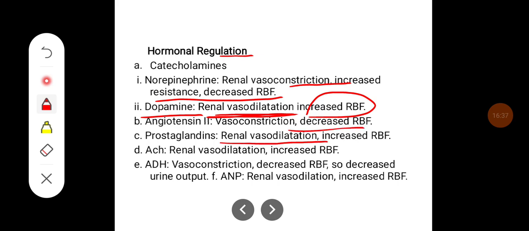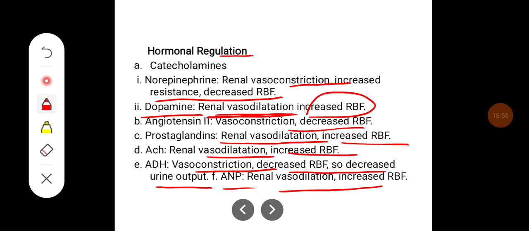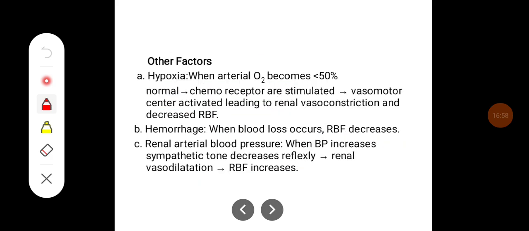Prostaglandins lead to vasodilatation and increase the renal blood flow. Acetylcholine causes vasodilatation and increases the renal blood flow. ADH causes vasoconstriction and decreases the renal blood flow, so decreased urine output. And atrial natriuretic peptide causes vasodilatation and increases the renal blood flow.